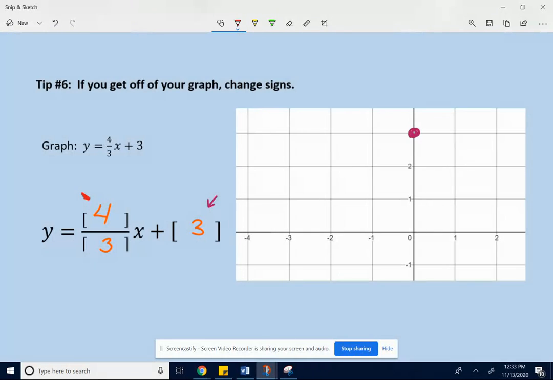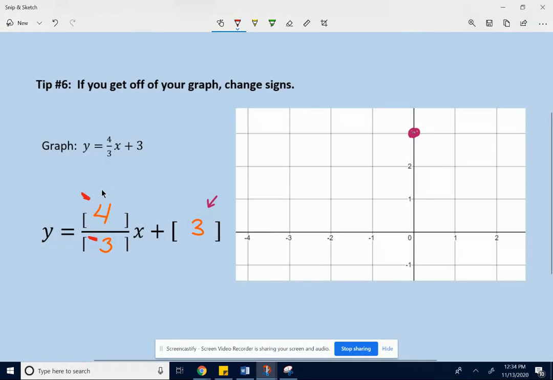That's a negative. But what would happen if I put another negative in my fraction? What is a negative 4 divided by a negative 3? Well, a negative divided by a negative is equal to a positive. So this negative 4 over negative 3 is still equal to 4/3, because a negative divided by a negative is a positive.